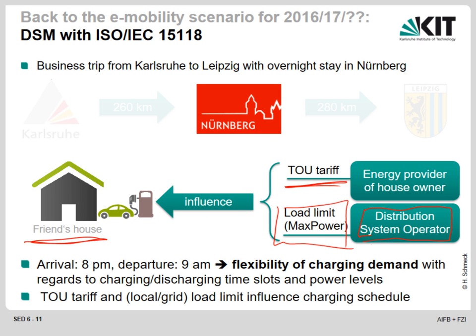Your recharging process can then be scheduled at any time between 8 p.m. and 9 a.m. You just tell the system you want to depart again at 9 a.m., and then the charging process can be done by communicating between the charging station and the vehicle.